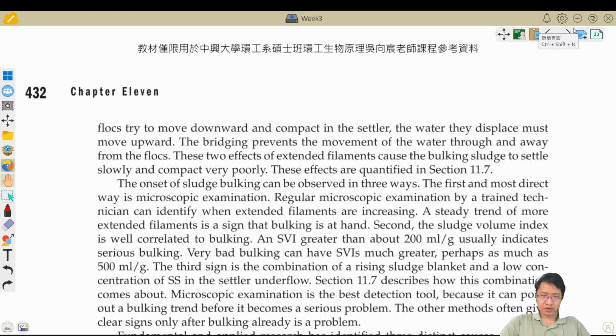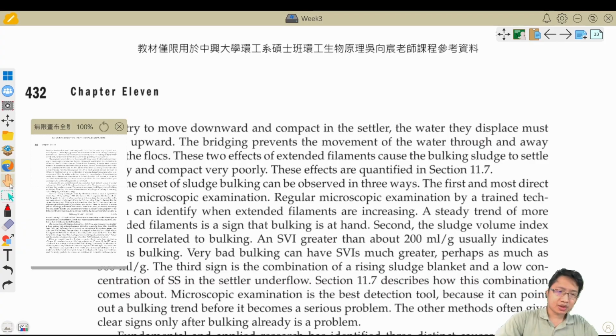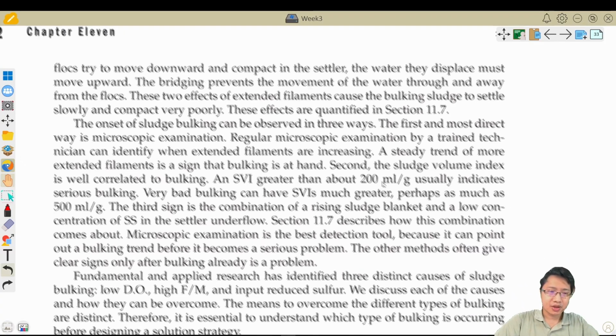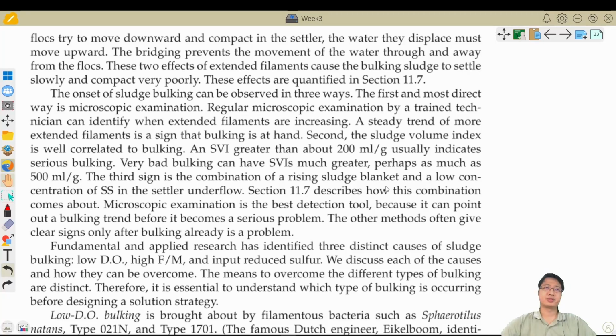Okay, so as we just mentioned, how do we determine the settling capacities? Sometimes we use SVI. For understanding if your activated sludge is getting bulking, sometimes we will use microscope examination.